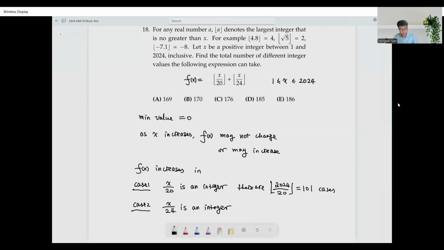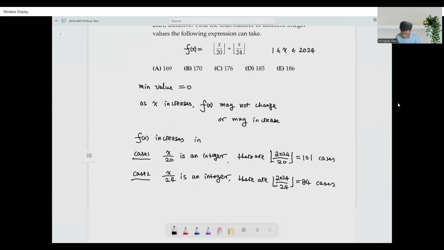At these 101 numbers, the first part increased by 1. Now, second part, they are 2024 divided by 24. The largest multiple equals 84. For the first floor function, it increases 101 times. For the second floor function, it increases 84 times.